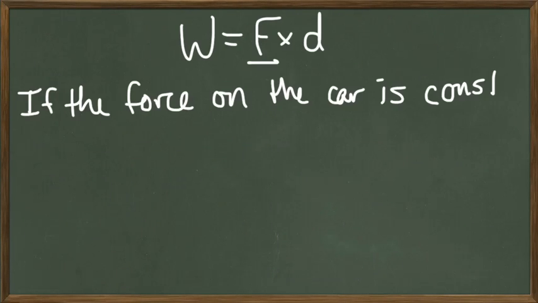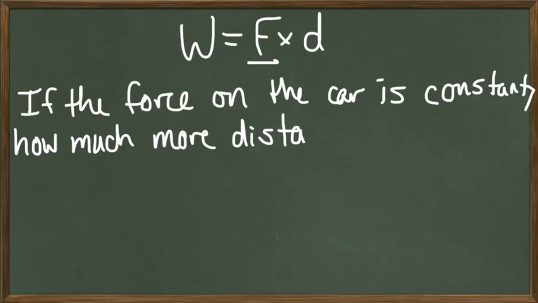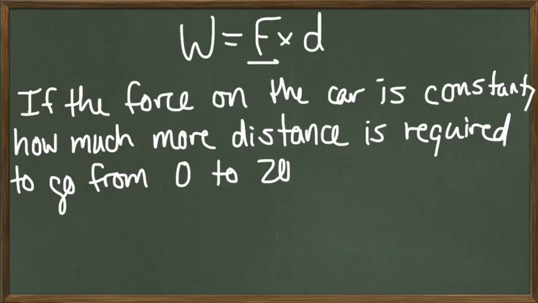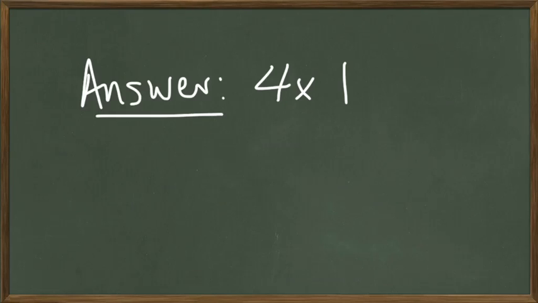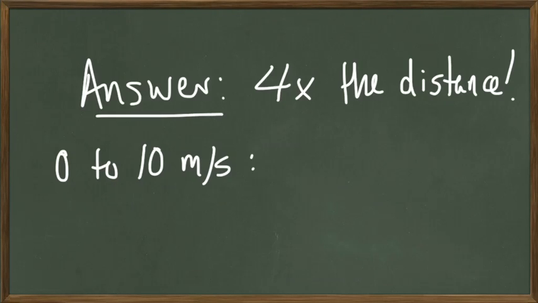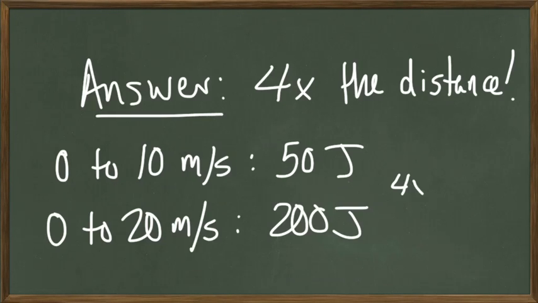Here's a further complication. If the force on the car is constant, how much more distance is required to go from 0 to 20 meters per second as compared to 0 to 10 meters per second? The answer is 4 times the distance. 0 to 10 meters per second is 50 joules, and 0 to 20 meters per second is 200 joules. That's 4 times the work, so you get 4 times the distance.